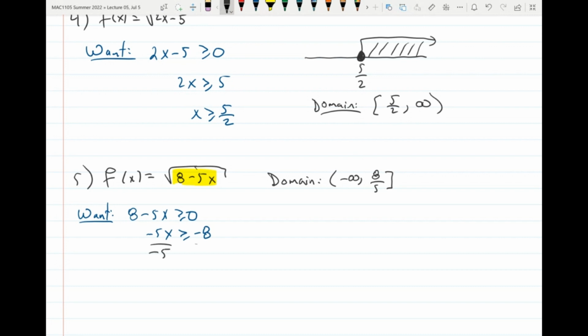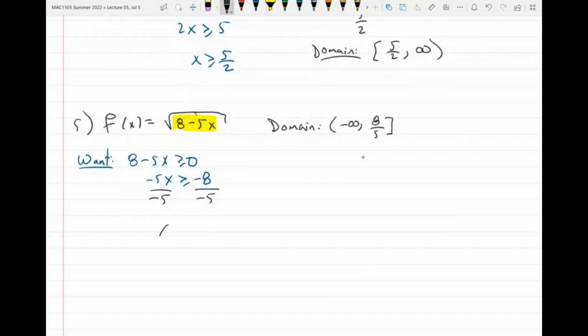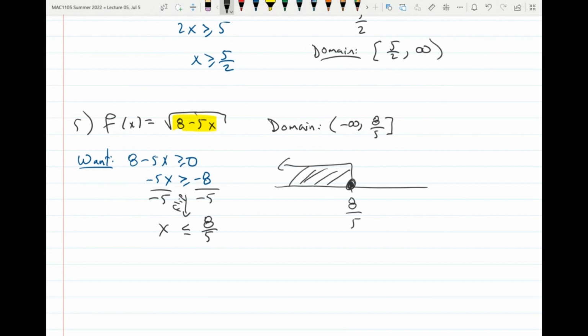Now we need to divide by negative 5, but remember, because we're dividing by a negative, we need to flip. That becomes less than or equal to 8/5. So be careful. That's your 8/5. This time we do a closed circle because it's less than or equal to, and we go left. Okay. Questions?